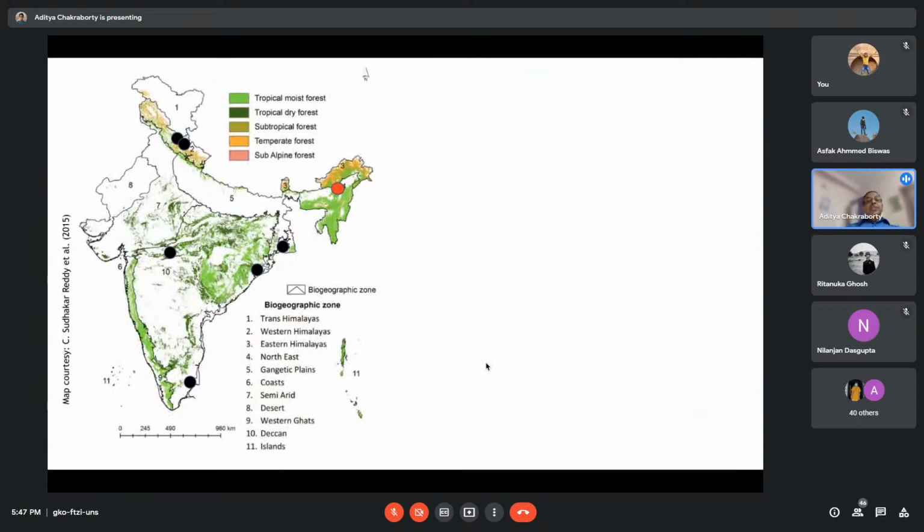Now, this figure shows the vegetation pattern in India. What we see here is that, if we look at the green color, you know that the average forest density overall in India is about 20 or 25%.